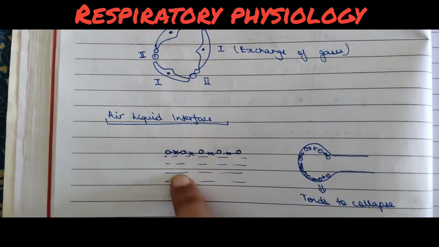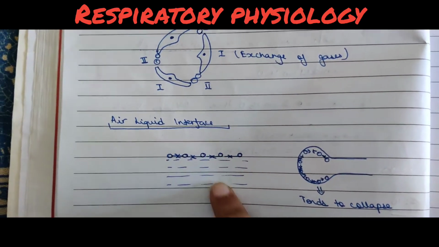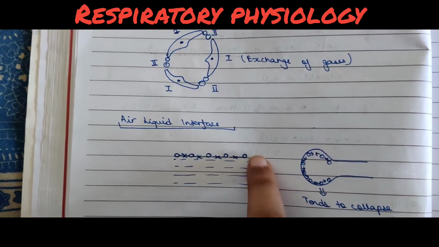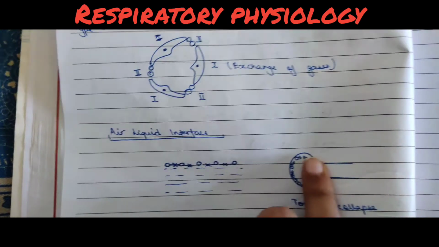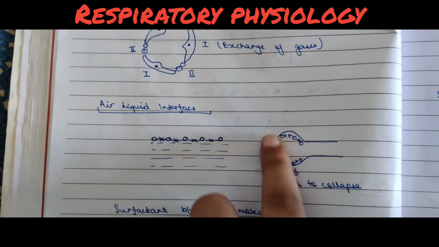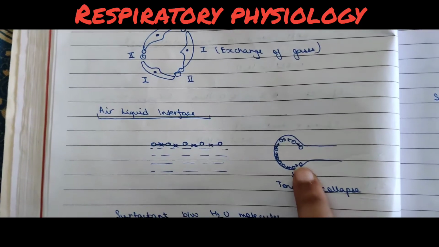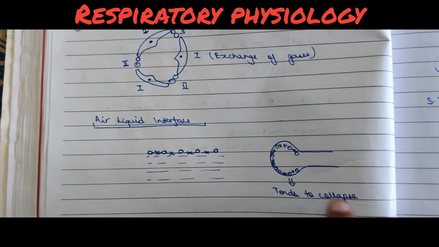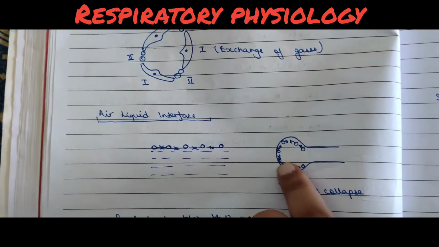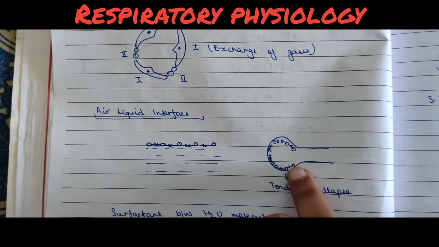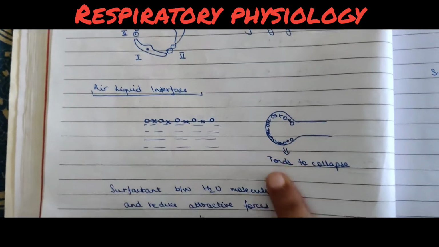So now, whenever there is an air-liquid interface, there is a cohesive force between the water molecules on the surface. The alveoli by themselves have a tendency to collapse, but the fluid inside forms an air-liquid interface and forms a cohesive force.